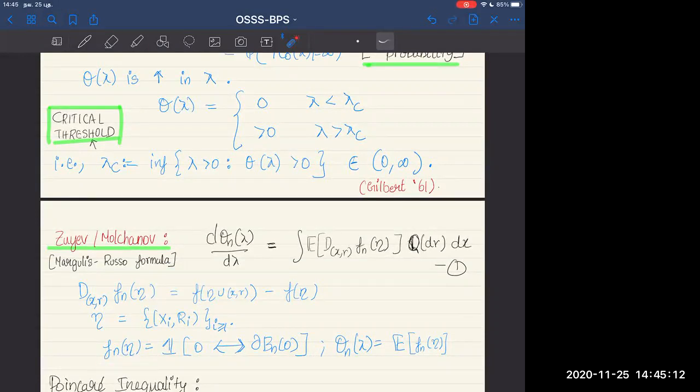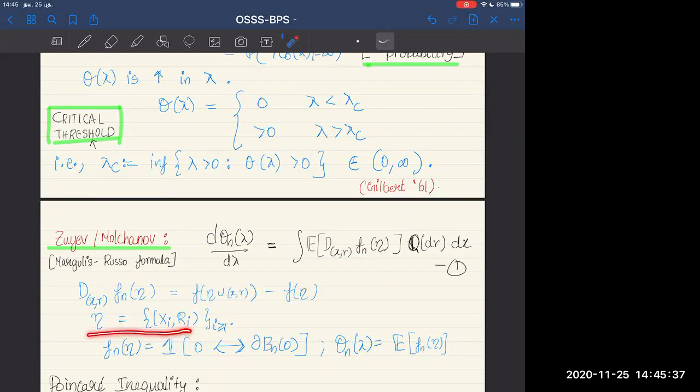Fn is the indicator function of the event that I go from the origin to a ball of radius n. Theta n of lambda is its expectation. I take a derivative of this. It turns out to be the expected add-1 cost, the first Malliavin derivative, of Fn of eta.